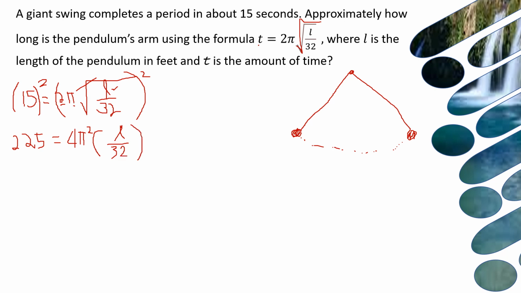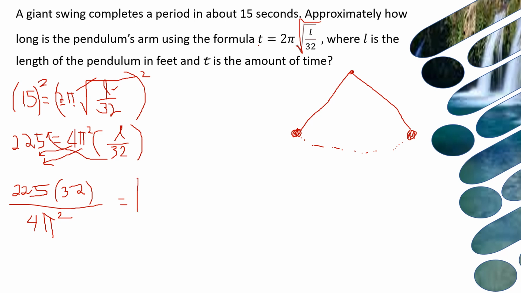Now manipulate this equation so that we can leave L, the length, alone. You just have to cross multiply 32 to the other side and divide also 4 pi squared into the other side. So you have 225 times 32 all over 4 pi squared is equal to the length L.